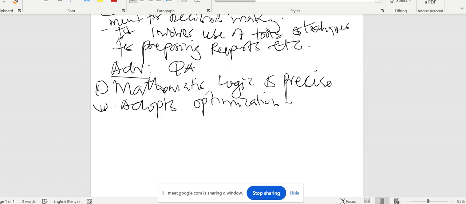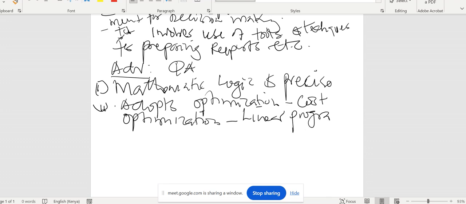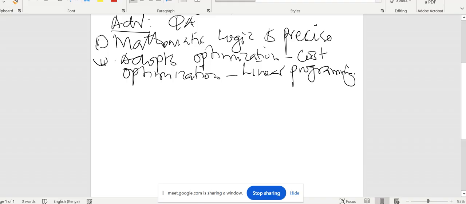So here we deal with the issue of cost optimization. So we are going to do linear programming. Yeah, it's a very important question you can't miss in an exam.